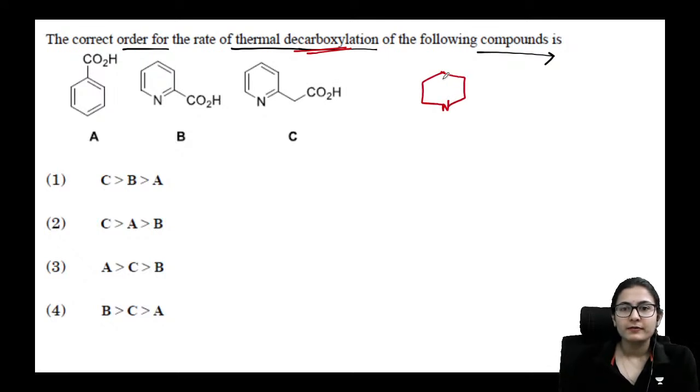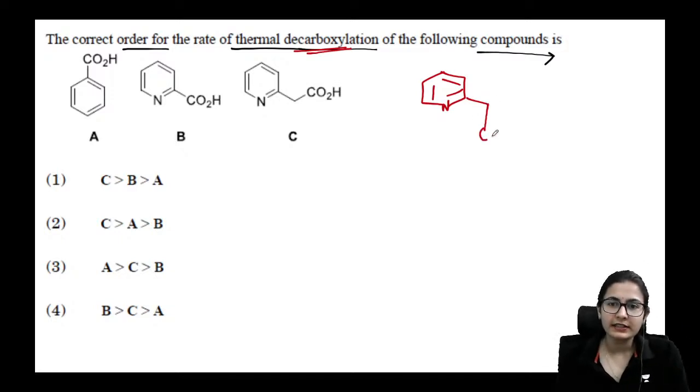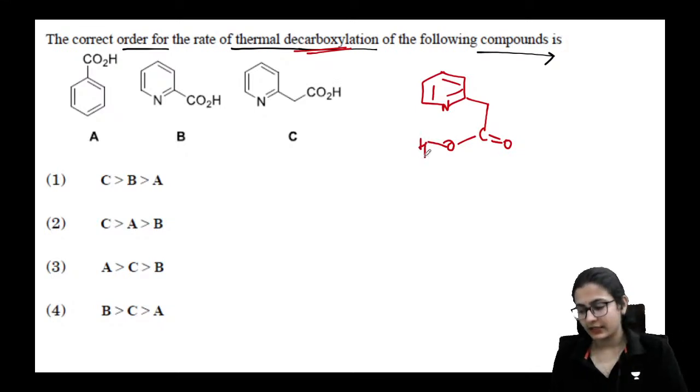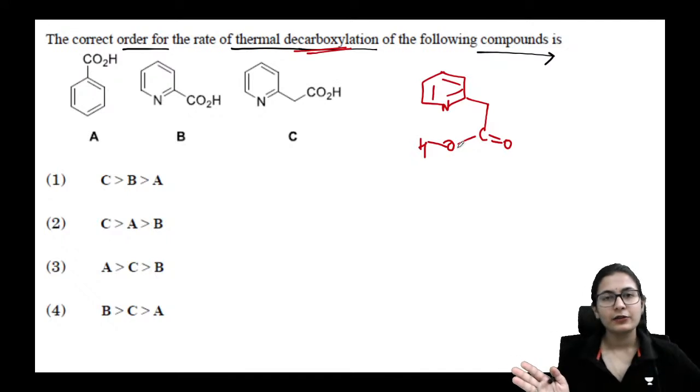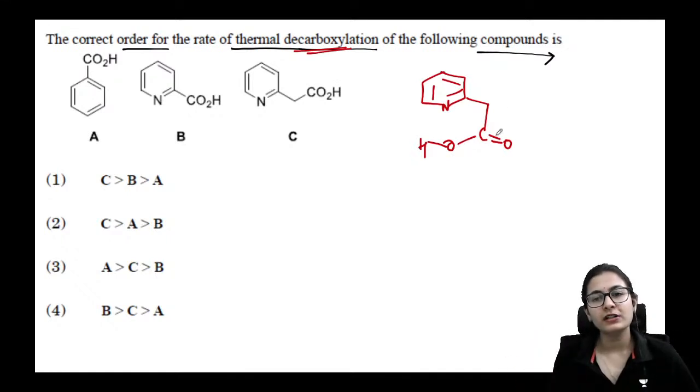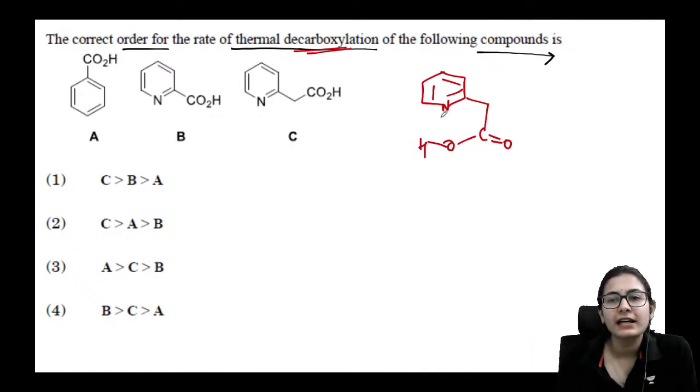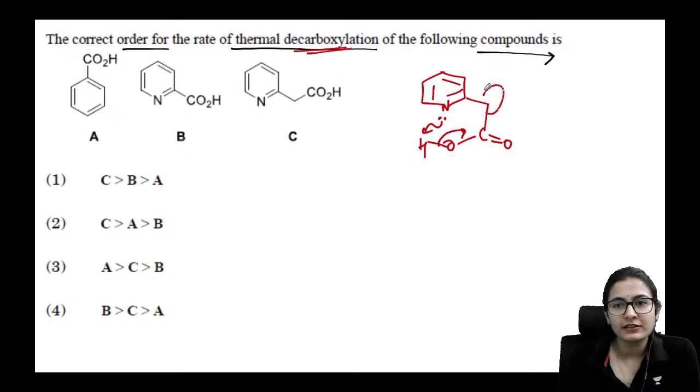If we want to write this carboxylate in this way, C double bond O, OH, like this, you can also write it down. Just like we have beta keto acid, where the keto group helps in the removal of carbon dioxide, the nitrogen over here, by attacking on the proton, is helping you in the decarboxylation process like this.